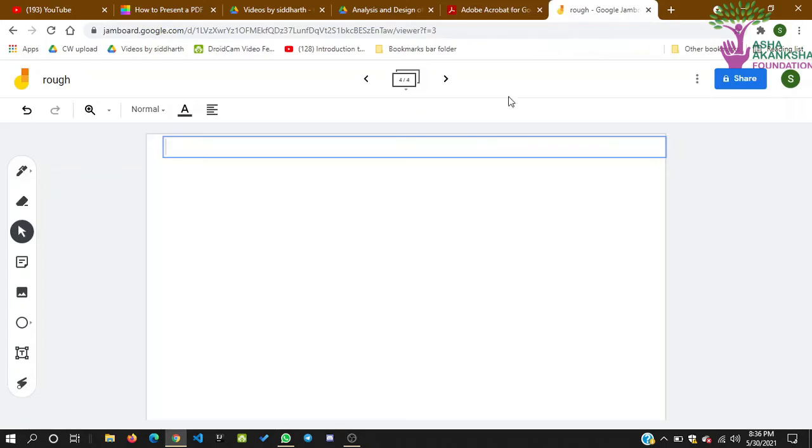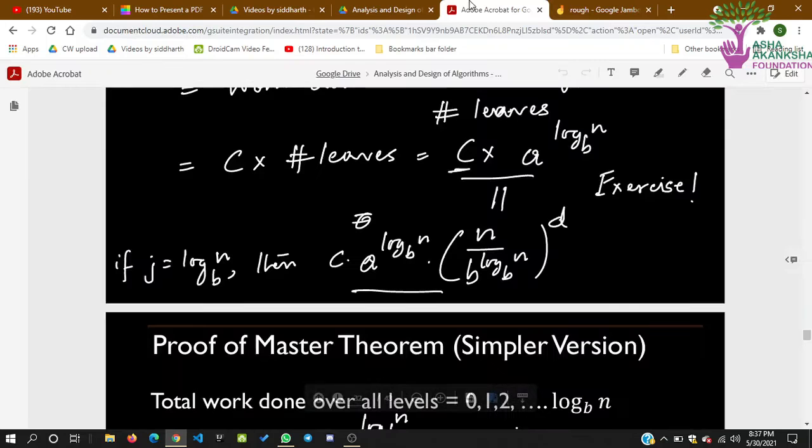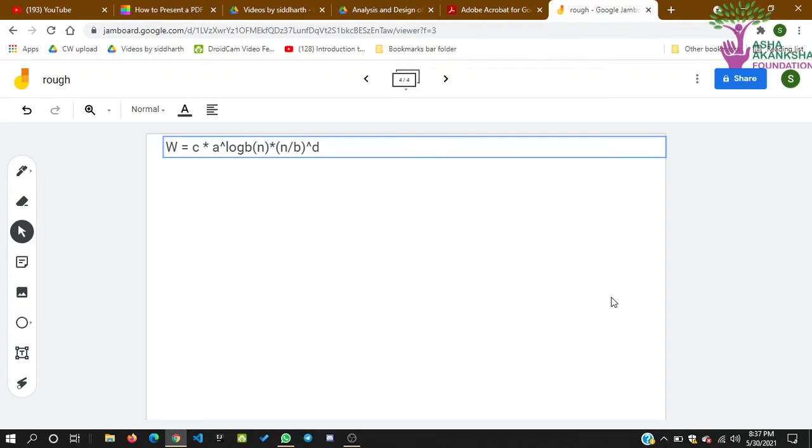So what we were given is that the work done at the leaf level, W, is equal to c multiplied by a raised to power j, that is a raised to power log_b n, into (n upon b raised to power log_b n) raised to power d. This is the main thing that was given to us.